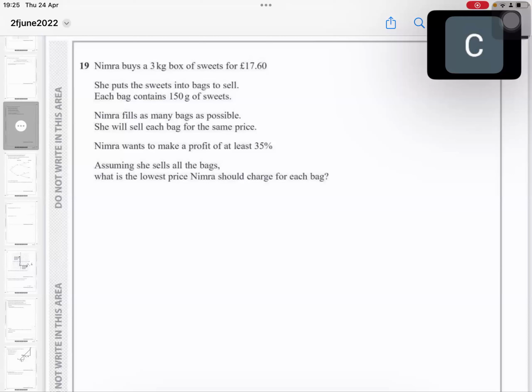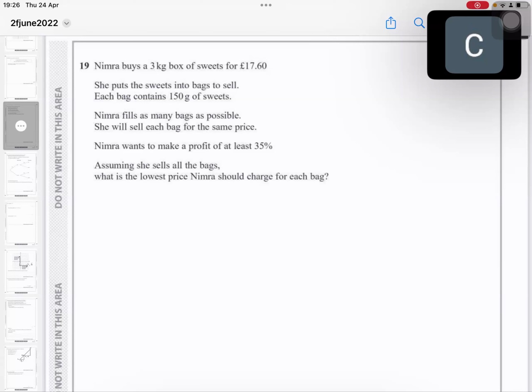So did you get the flow of my calculation? 1.19. Yes. Okay, so you remember where we started, right? First things first, we tried to establish how many bags she could get out of that 3-kilogram box.